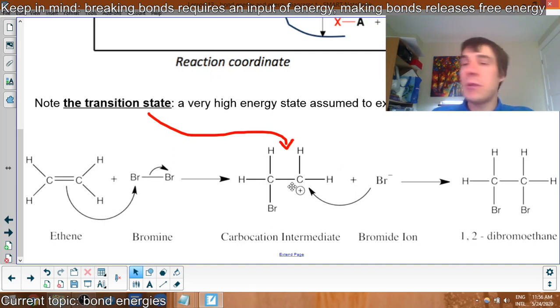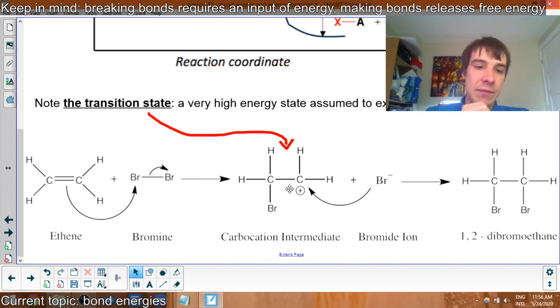This is a carbocation with a positively charged carbon. Very quickly, the second bromine will come in and attach to it. You end up with your final state. But this does exist. We can prove it exists in chemical reactions by looking at the stereochemistry.